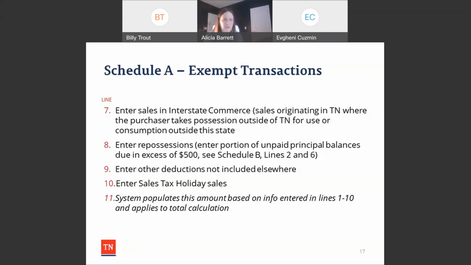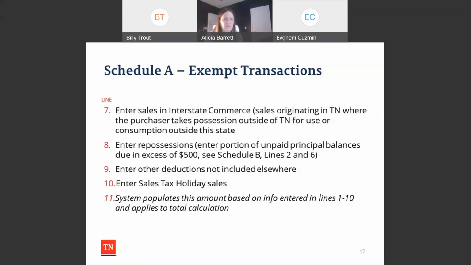Line 10 is talking about the sales tax holiday sales. This line is typically used in July, possibly August, for the sales tax holiday. Now this year we do have some sellers that actually have a year-long holiday, I believe, for gun safes. And so for those particular sellers, that could be used for most of the year.